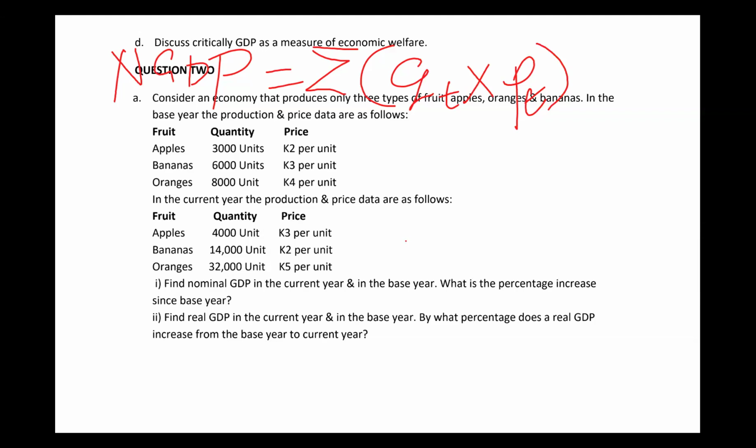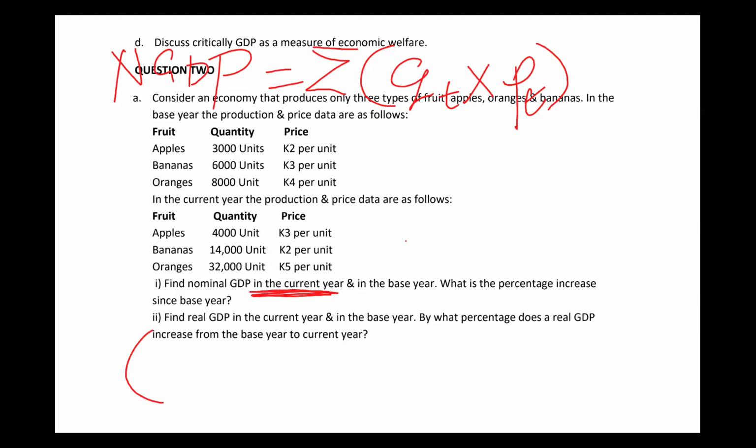And so then you do your multiplications, you should be fine. So it's a summation. Let's start with the current year, right? The current year price as well as the quantities of current year. So you simply get the quantity multiplied with the price.